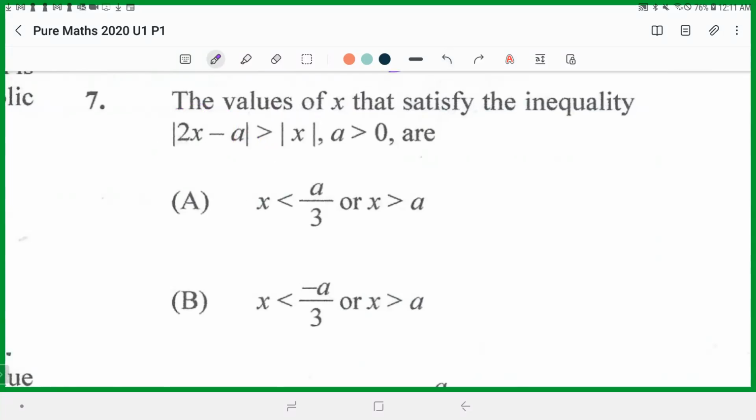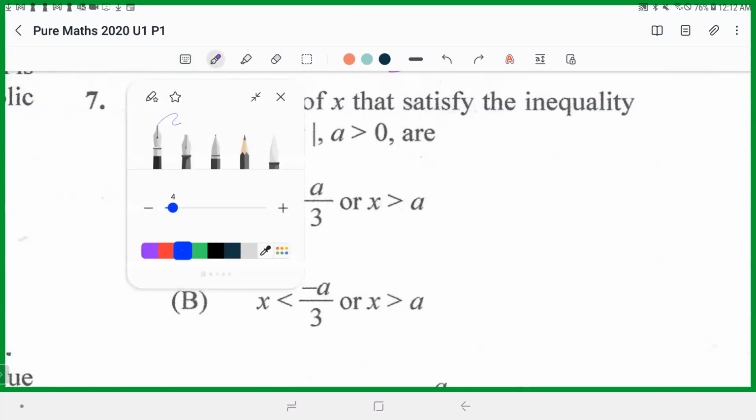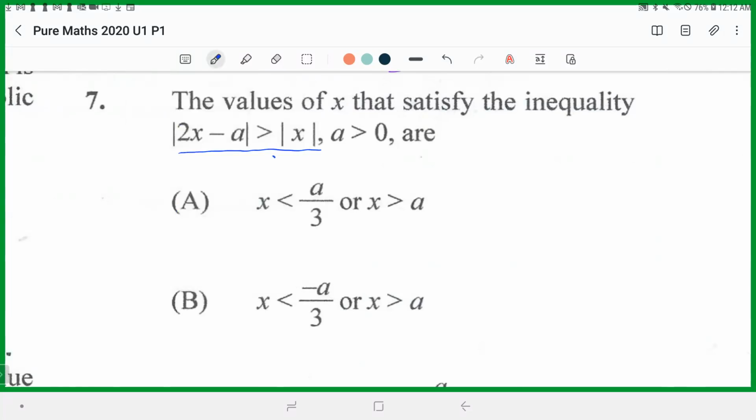So when I square both sides, this expression is going to become (2x minus a) squared greater than x squared. And that's what we're solving. It becomes an inequality.